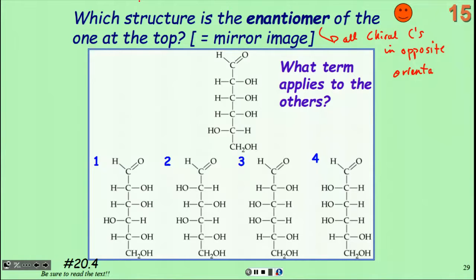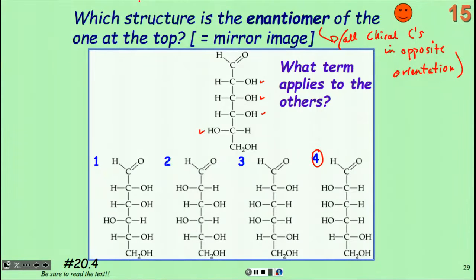Only the chiral ones matter. The rest of them don't. The chiral carbons here are right, right, right, and left. So you need to find one that has the exact opposite of that. The mirror image of the structure at the top would then, in fact, be structure number 4.